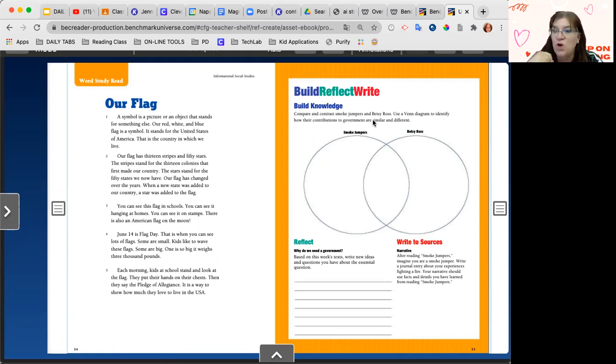If they were to just draw a picture of a flag or learn a flag of the world, that would just be an art enhancement activity. But if we're asking them to come together as a community and think about what they would want to represent themselves on this flag, that would be asking them to do something as arduous as reading some of these pieces in this text.